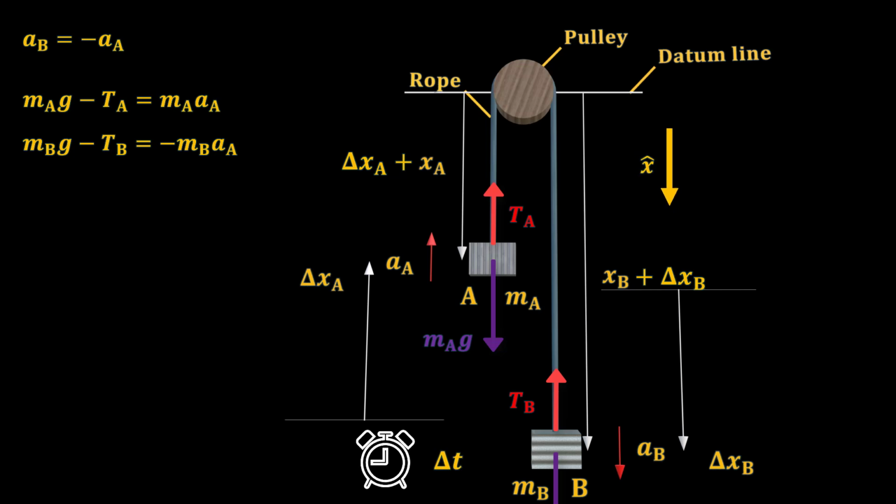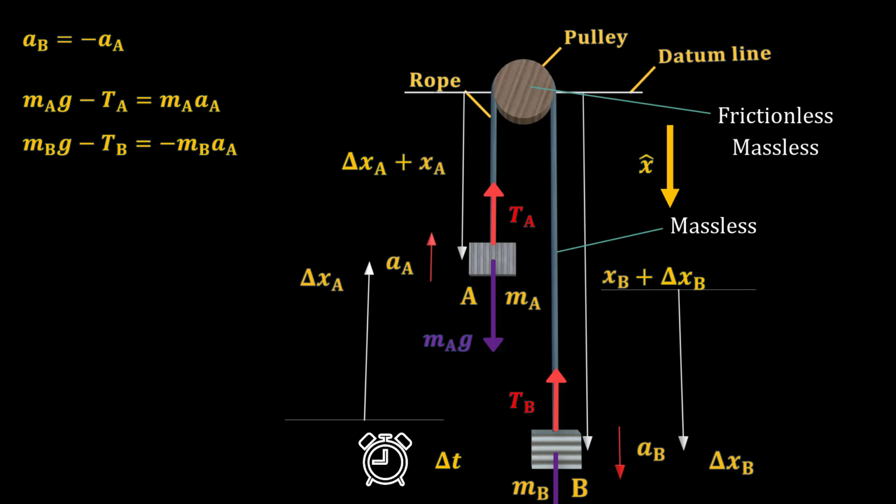In order for these equations to hold, we require some assumptions. The first assumption is that the rope is massless, and the second is that the pulley is frictionless. In order to simplify the calculation, another assumption is also required, which is that the pulley is massless.